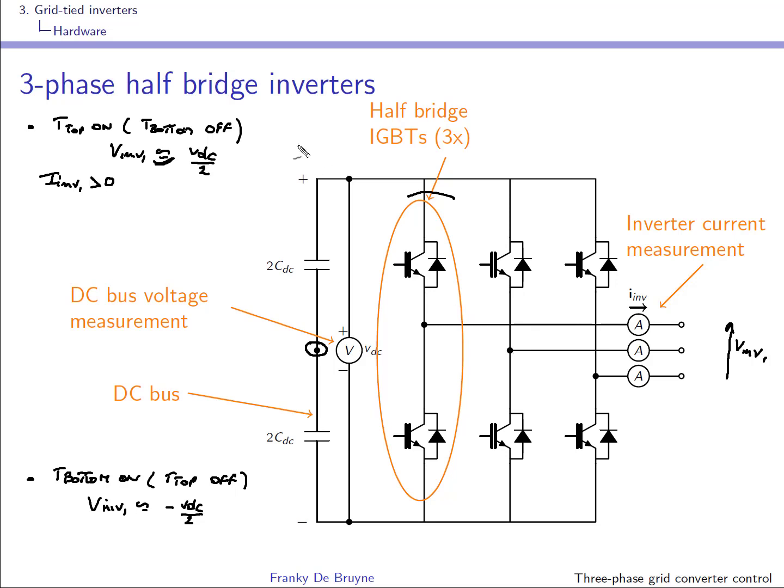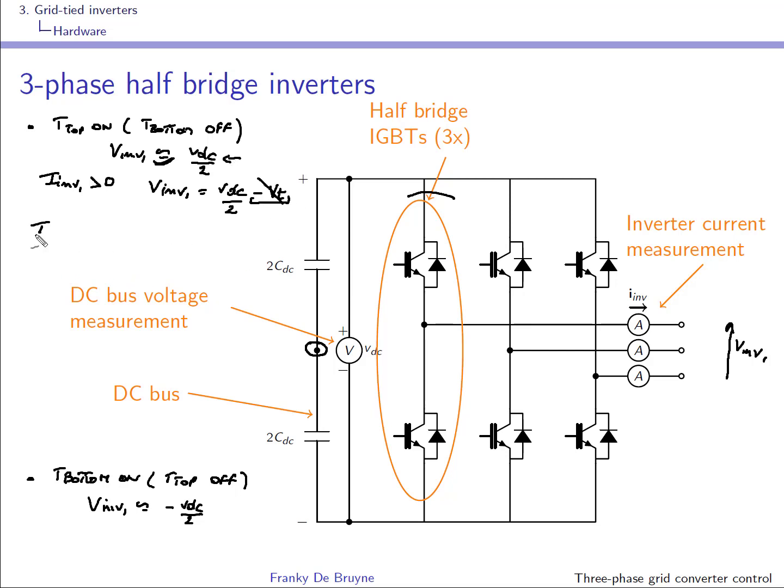So this means that the transistor is conducting. So we could write Vinf1 is equal to VDC over 2 minus the voltage on the transistor. As this is small, we'll neglect it and we'll write this thing here.